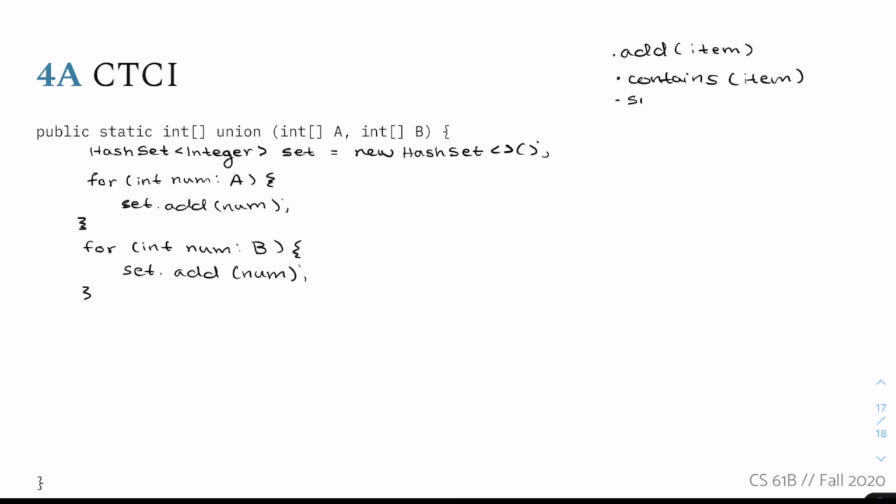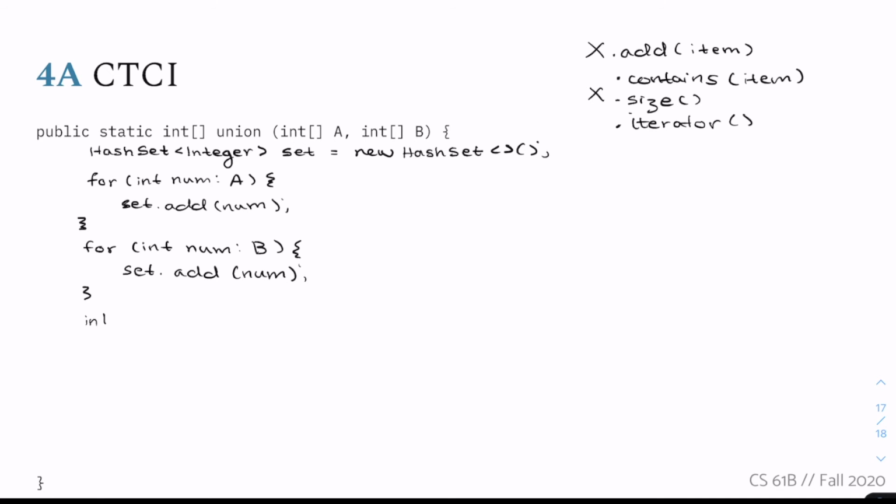They have dot size, which returns the size of the set. And the last thing that they have is an iterator, because all sets are iterable. So dot iterator, and this will return an iterator over all of the items in the set. So based off of that, now we've used this one, and now we can use size to figure out how big to make our union array.